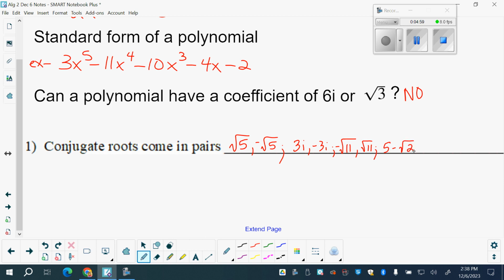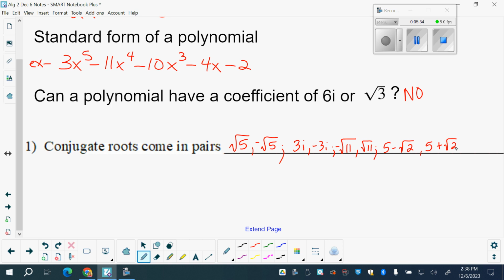Anybody have any idea what the conjugate for that would be? 5 plus square root 2. And you could change the sign on the 5. So they're not always necessarily just opposites, because if they're more complicated, they look like this. It's just something that when we multiply those together, it gets rid of that radical. So those are examples of conjugate pairs.